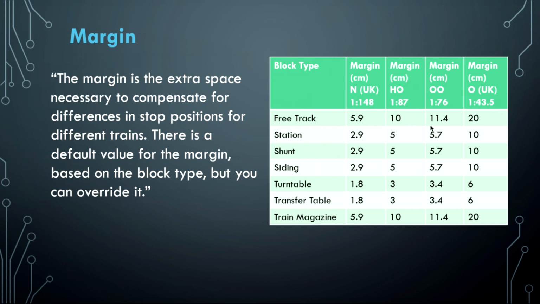It also had no positional information to tell us where the margin is in the block, which made it difficult to visualize and therefore understand. And it had no directional component, so a value cannot be set depending on which direction the train is travelling.